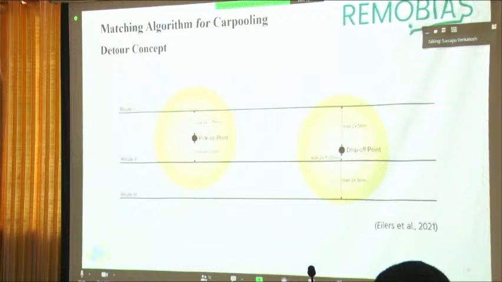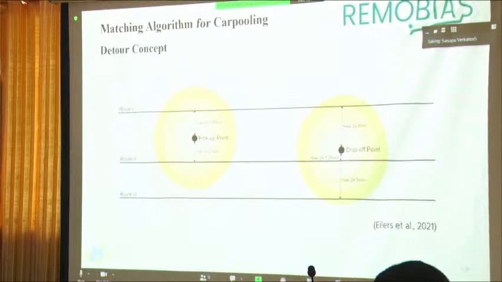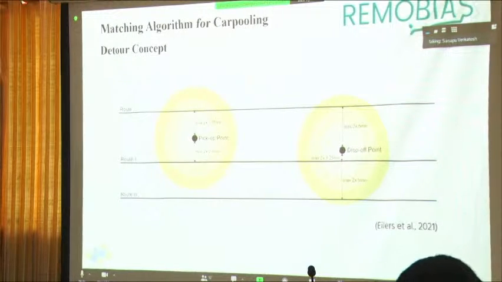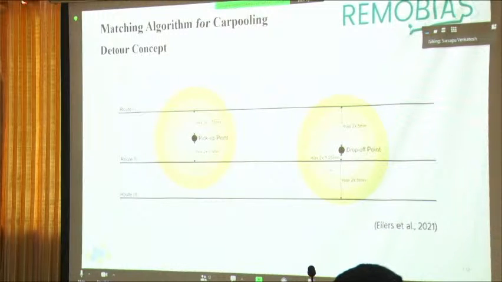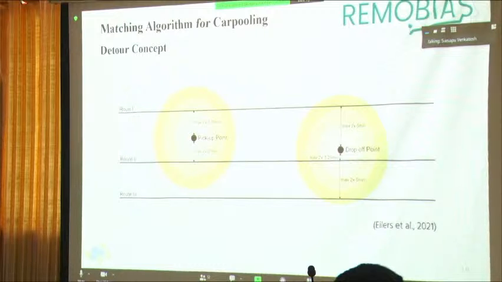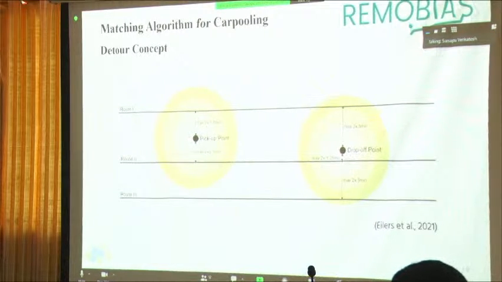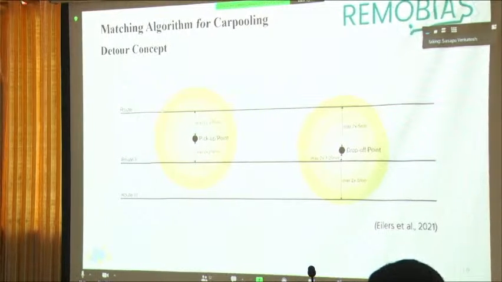In this example, we have 3 routes created by a driver in a region. If you see this picture, route 1 and route 2 are passing through this detour or isochrone, and the user will get route 1 and route 2 in his output.